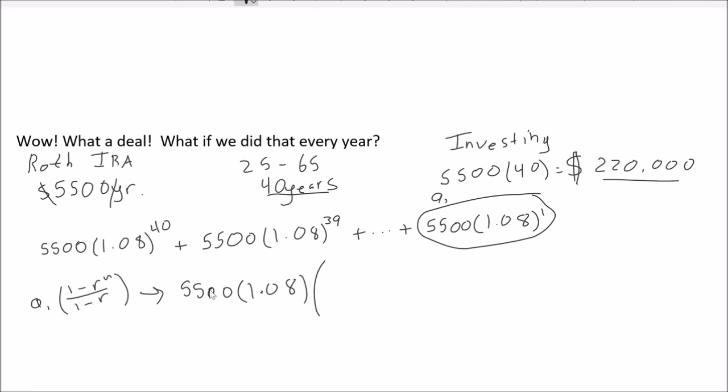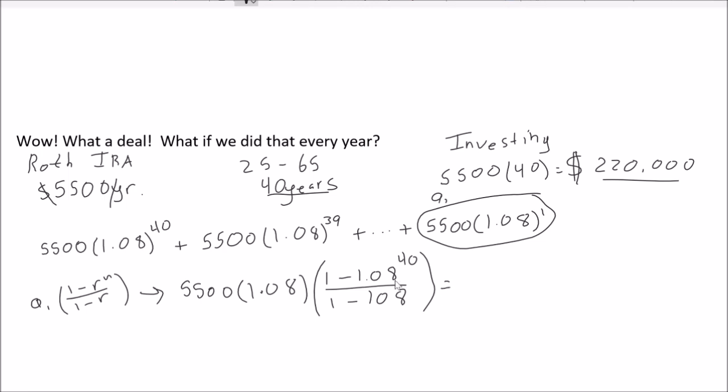Now I'm down to this 1 minus r to the n stuff. 1 minus, remember r is the thing we're multiplying by, that's 1.08, and that goes to how many terms there are. There are 40 terms here because we're doing 40 years. Divided by 1 minus r, and r for us is still 1.08. It would probably be a good idea if you also practice typing this in a calculator.